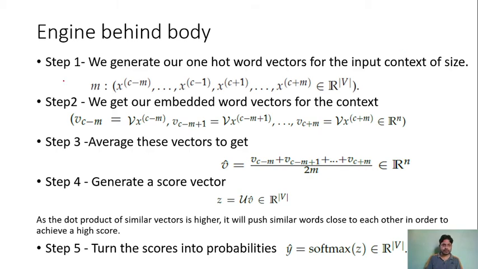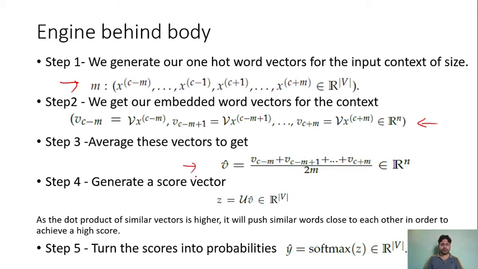The very first thing, you will generate one hot vectors for the input word and context words. Then we have our embedding in that way. You will get the word vectors from the context by multiplying with the current weights, taking the dot product, and you will get the word embedding.